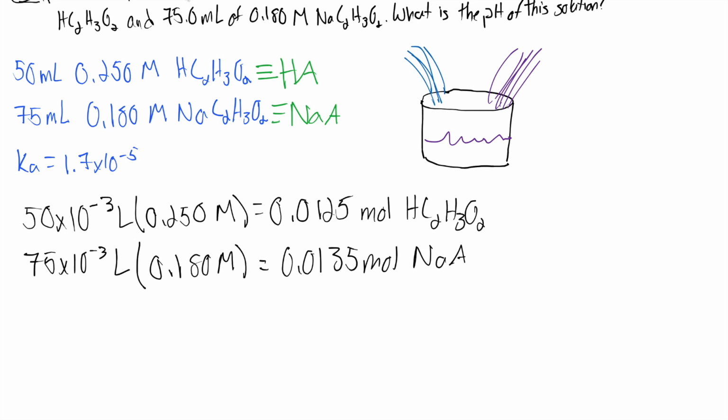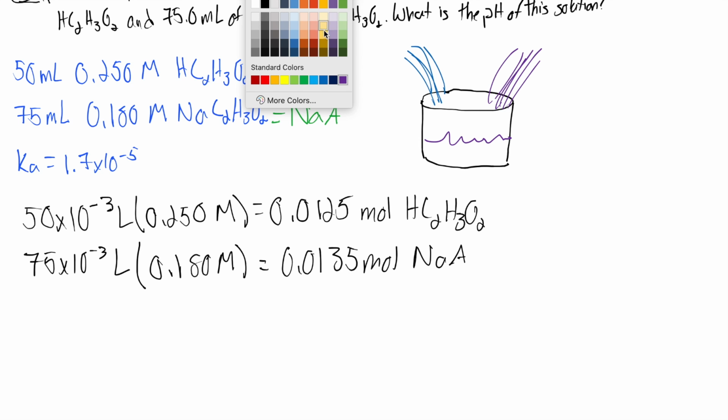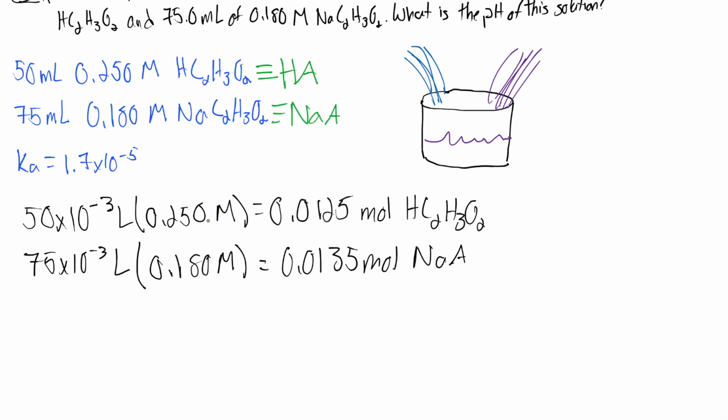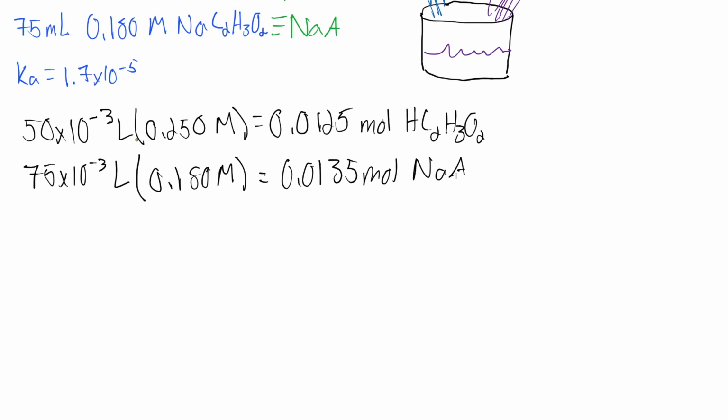So what's actually going on in our reaction here? I always like to write down the reaction. So we have HA plus H2O, which we know is a liquid because we're in aqueous solution, and that's in equilibrium with the hydronium ion, which we could abbreviate as H plus, and the anion, which is the conjugate base, so A minus.